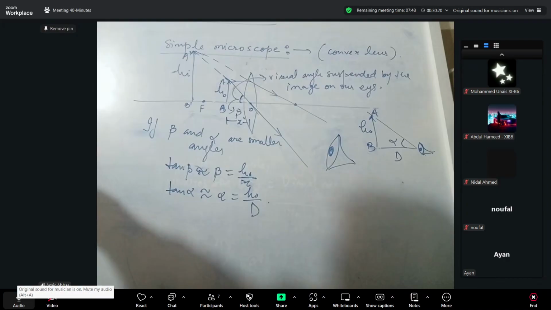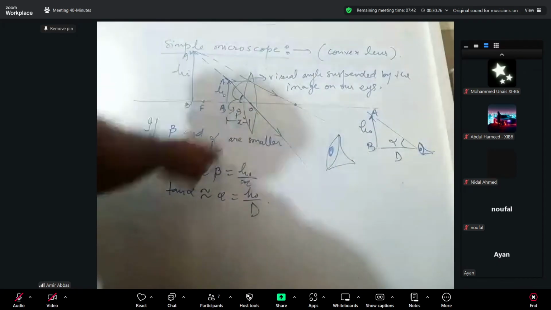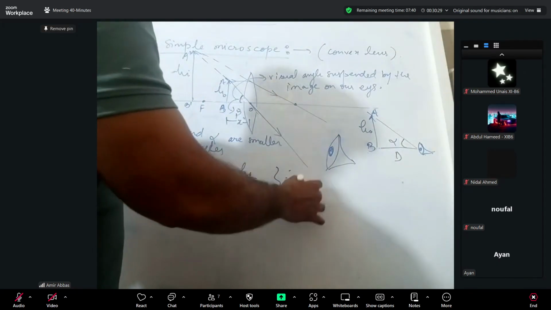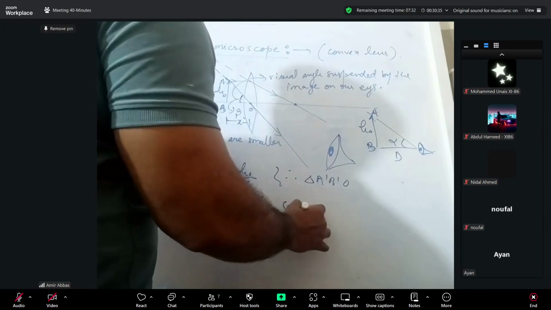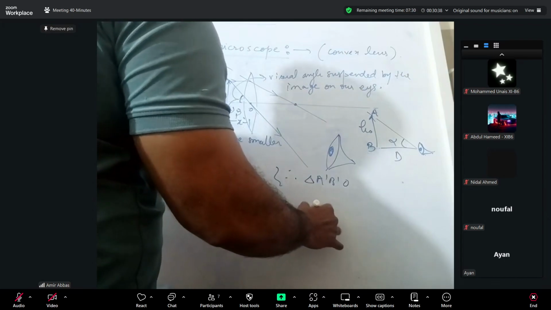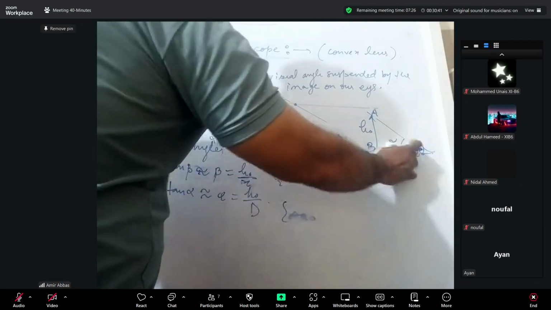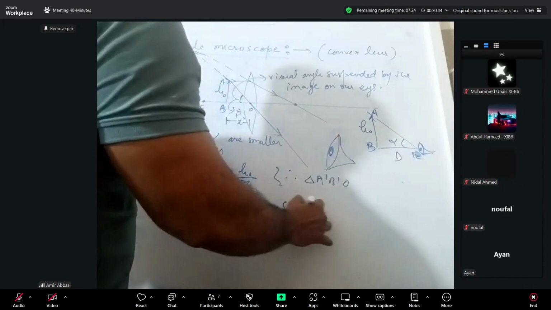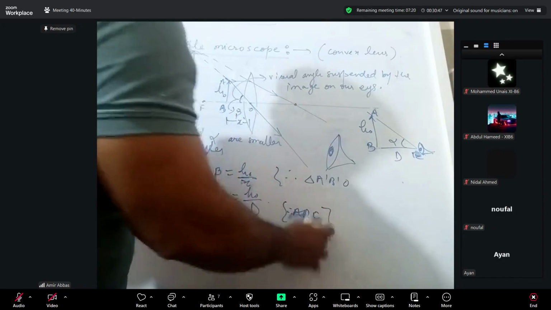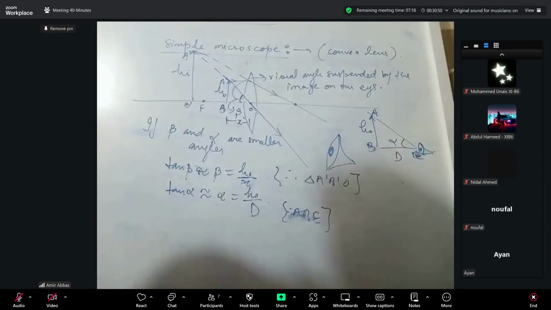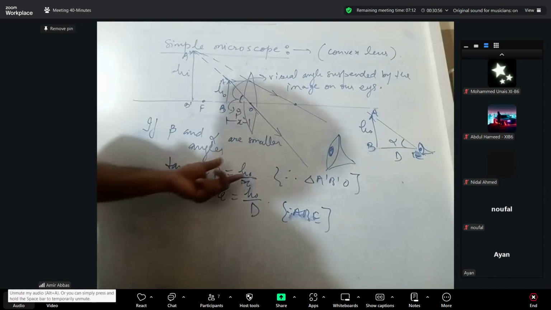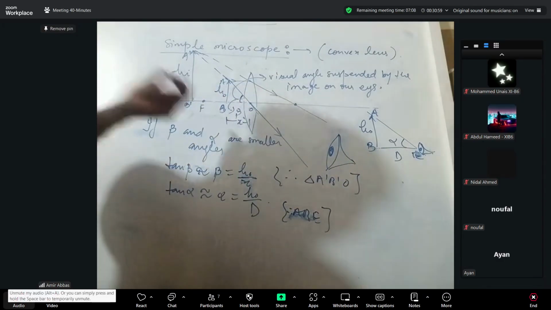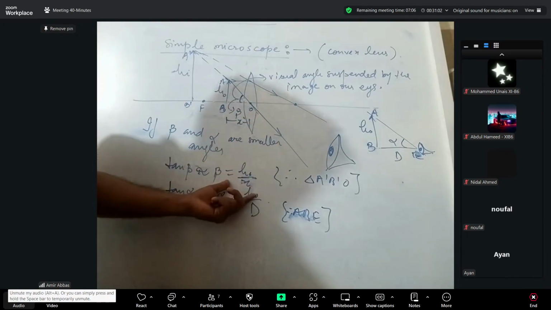If we see the bigger triangle, triangle A dash B dash O, or triangle A B O, we can also put this value hi, but when we see the ratio, because they are similar triangles, we can write in this form, in terms of image distance or in terms of object distance.